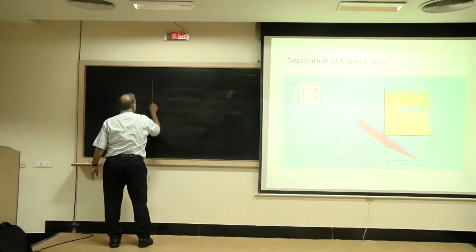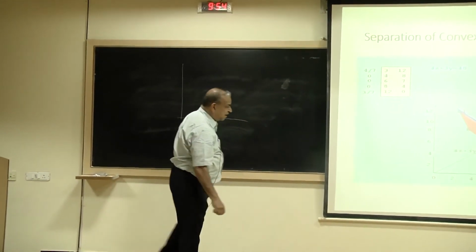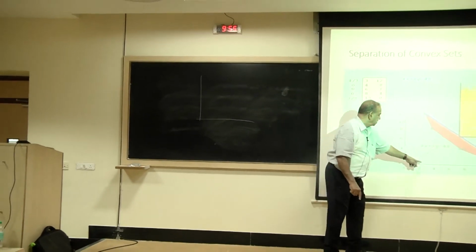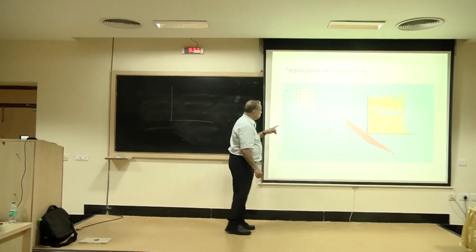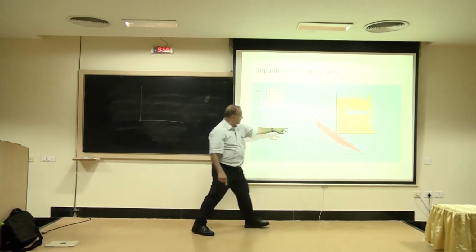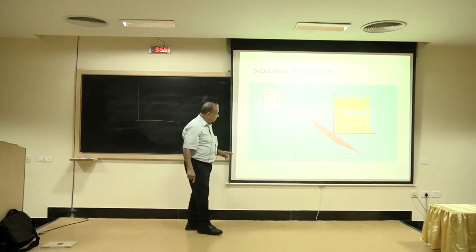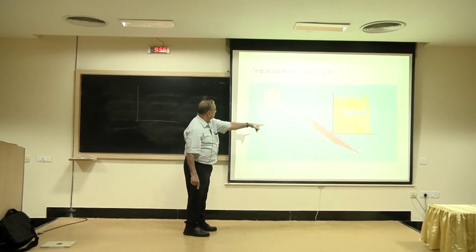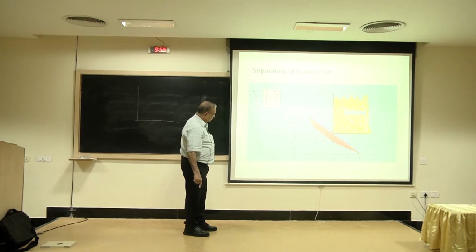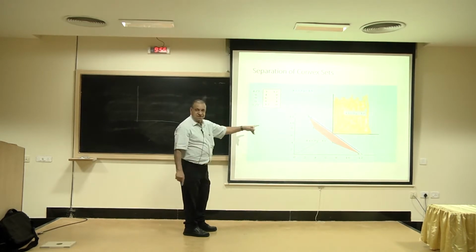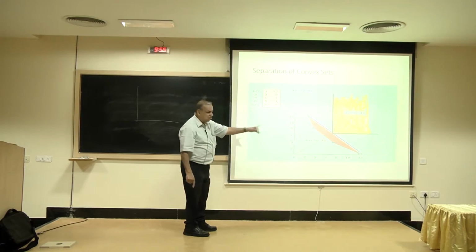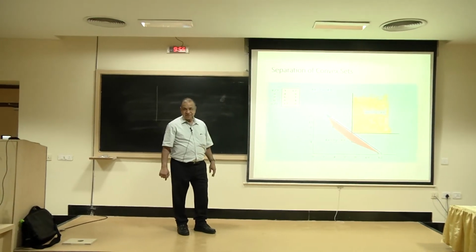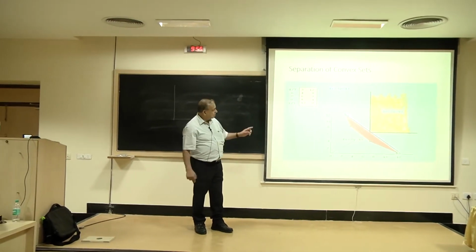Let's plot them. (3, 12), is (3, 12) here? This one is (3, 12). Then (4, 8) is row 2. Then (6, 7) is row 3. And (8, 4) is row 4. (12, 0) is row 5. So each row is plotted as a point in the 2-space. Agreed?